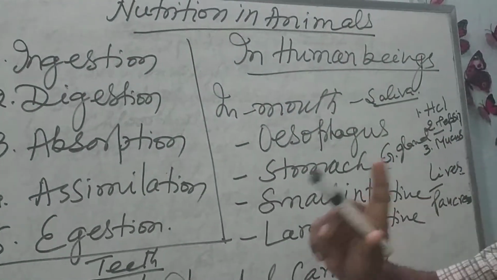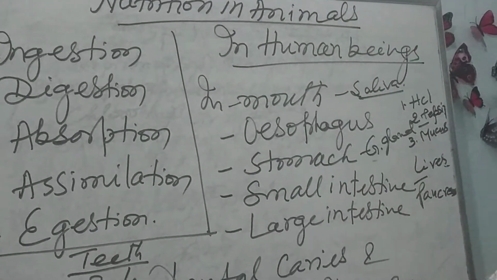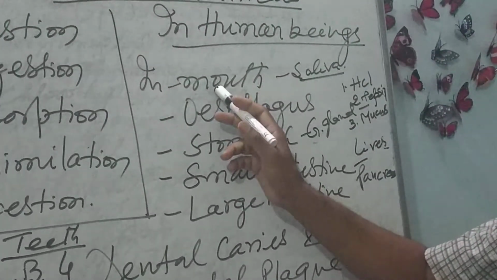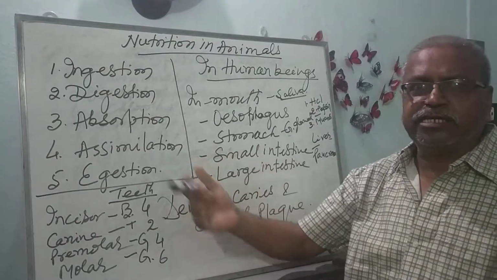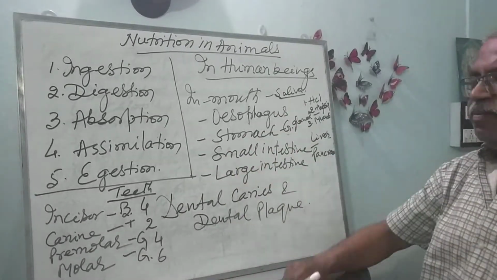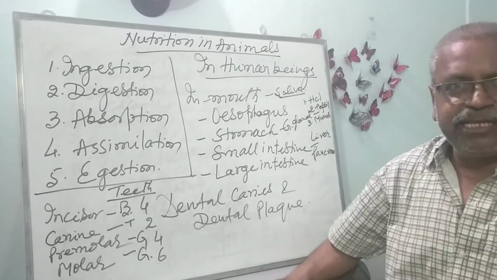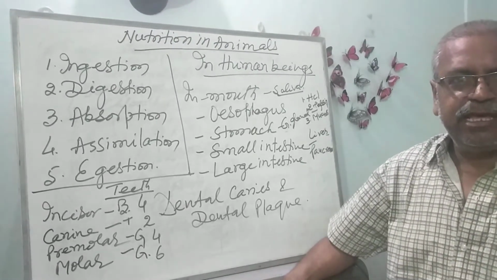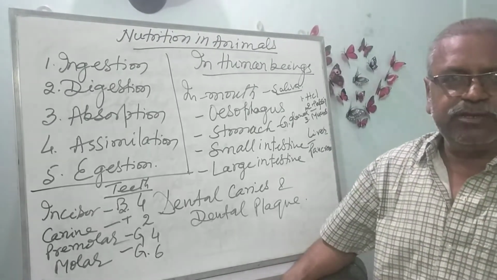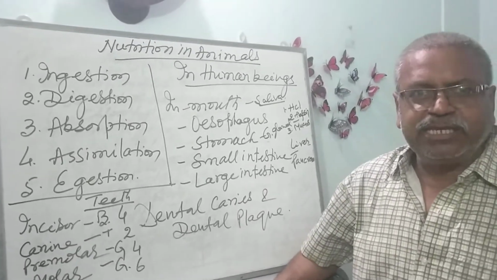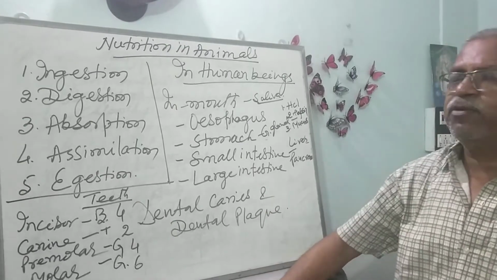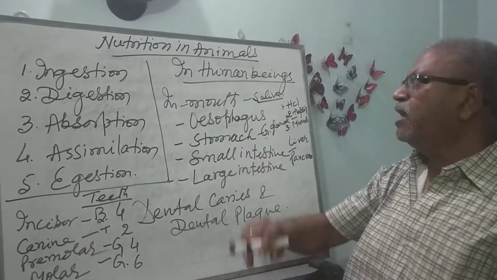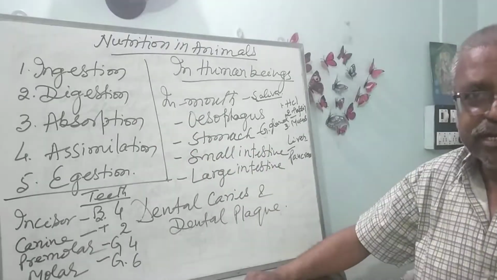The food is taken with the help of a hand inside the mouth, and even in the mouth, digestion starts. In the mouth, the teeth crush and grind the food into smaller pieces. This is a physical process. In addition to physical process of digestion, chemical process also takes place.